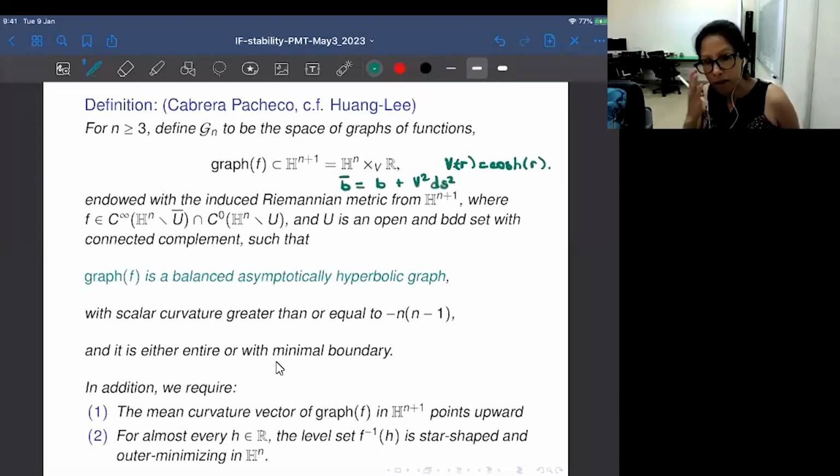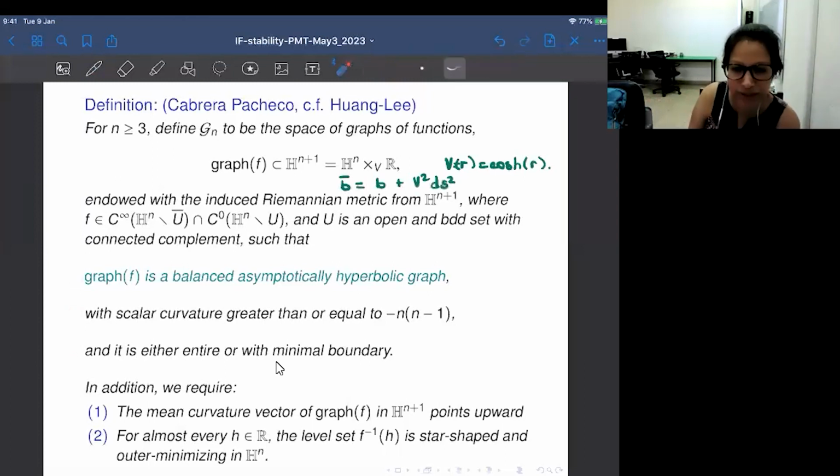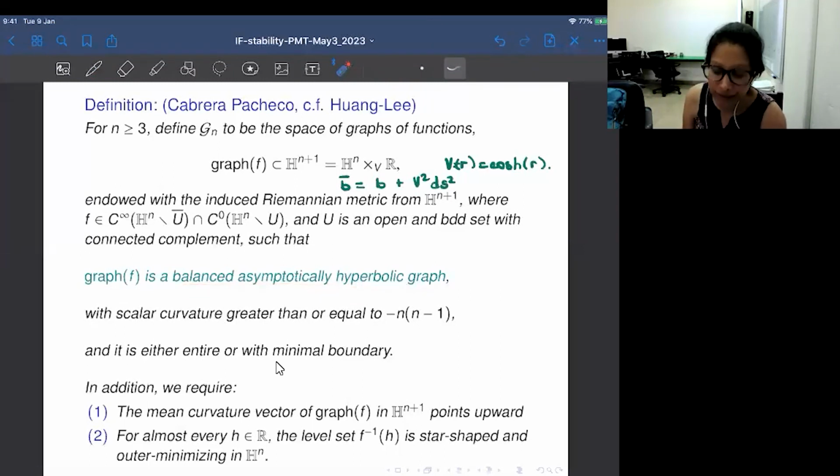So my manifolds are contained in H^{n+1}, and they should satisfy the following conditions. First, graph f, we want it to be a balanced asymptotically hyperbolic graph. This means that at infinity, it looks like hyperbolic space of dimension n.